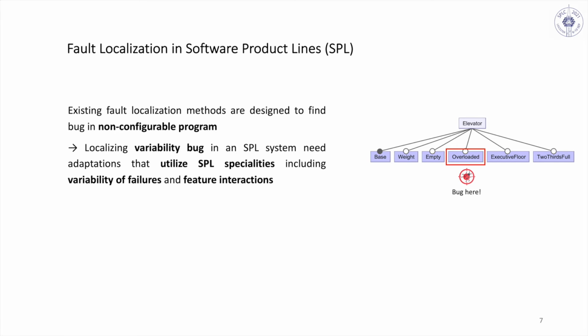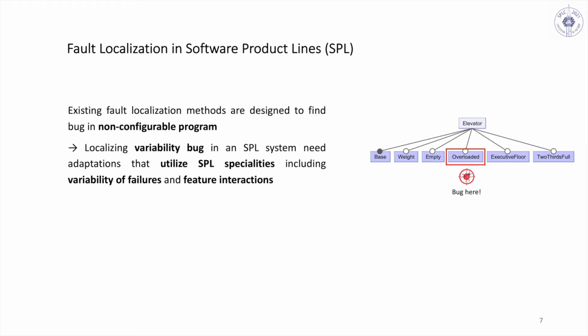And when adapted to SPL, we have multiple rank lists for a single system, which is failed by variability bugs. The problem here is that developers who use this list cannot determine the right starting point to diagnose the root cause of the system failures. So, that's why we need new adaptation on localizing variability bugs.